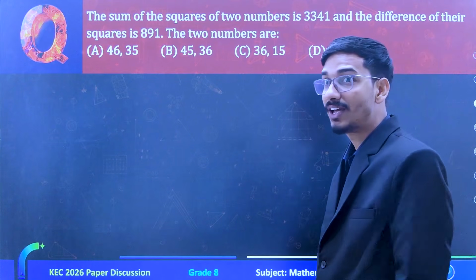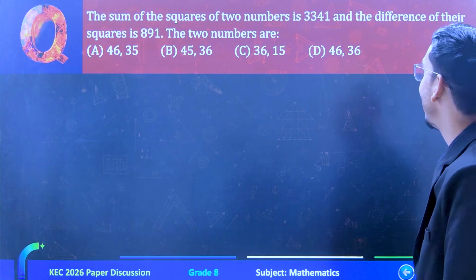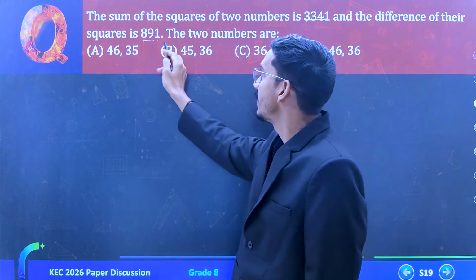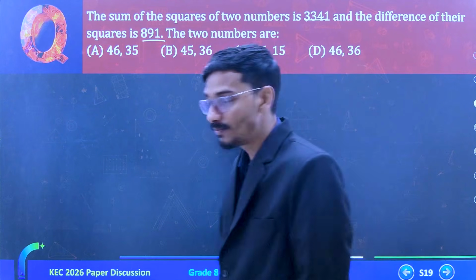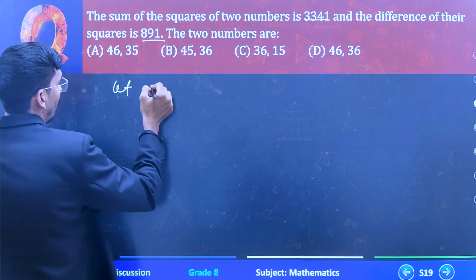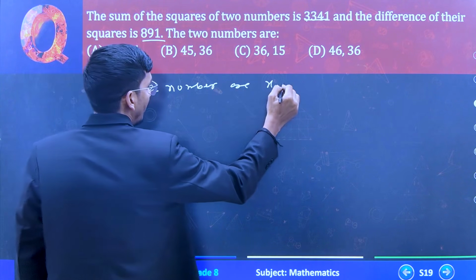The sum of squares of two numbers is 3341 and the difference of their squares is 891. So let us suppose the two numbers are x and y.